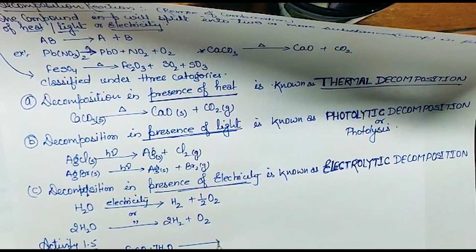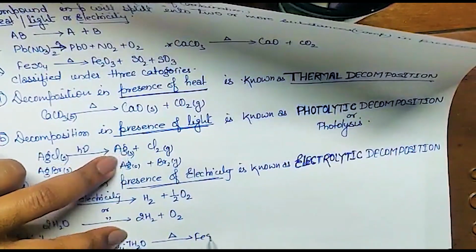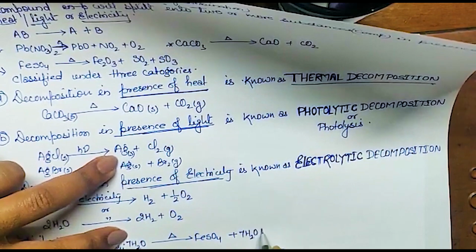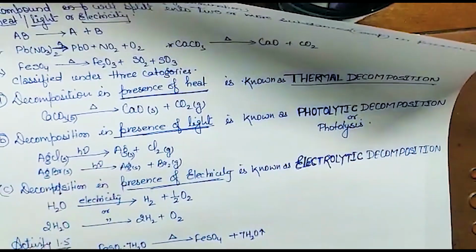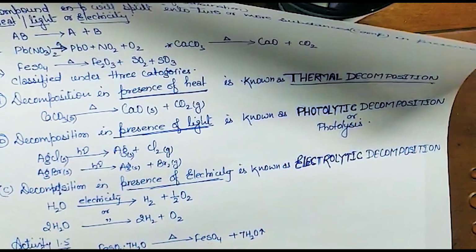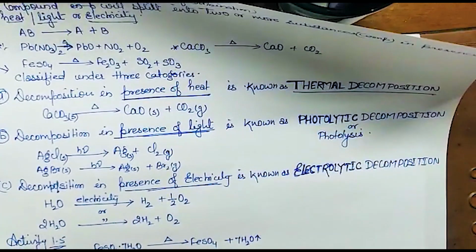When we heat this, first of all, what will happen? This 7H2O will evaporate from FeSO4. Now, since all the water molecules get evaporated, the color will be white.